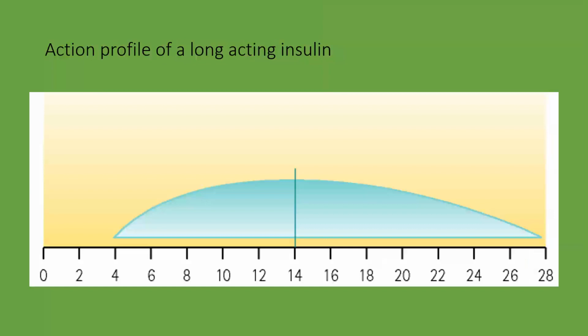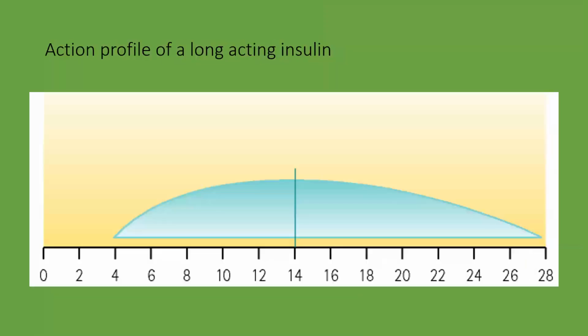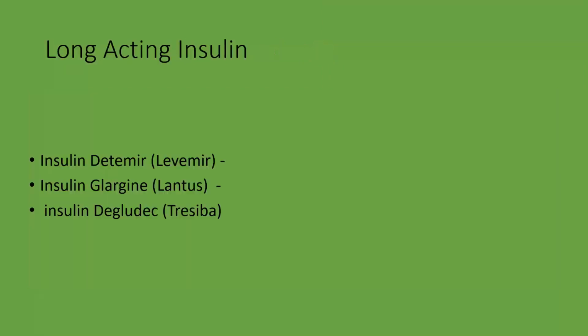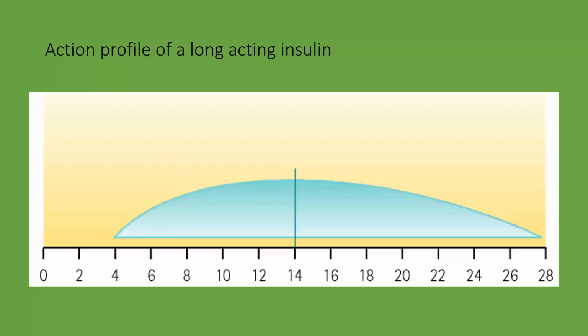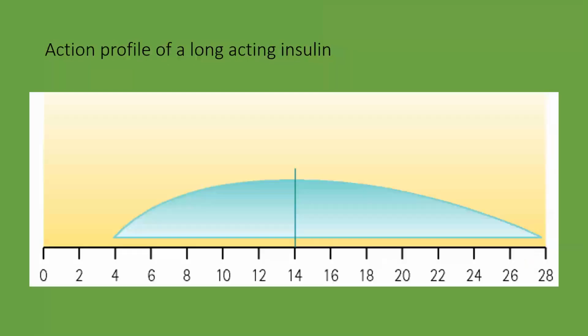But there is a slight peaking, therefore there is a small risk of hypos. Degludec or Tresiba, the peaking is less, and there is a new version of glargine from the same company called Tijoyo. So the peaking effect is less with that, and it seemed to be giving fewer hypos.